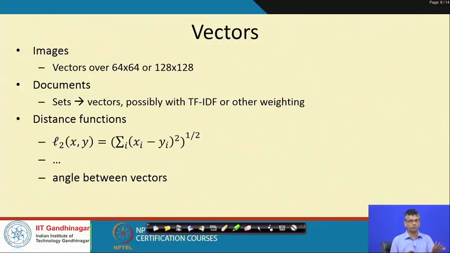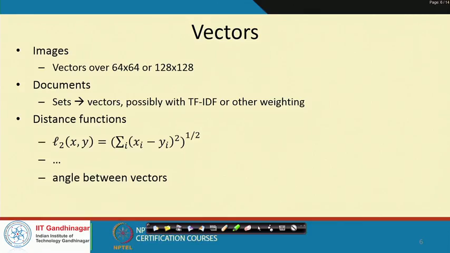You could convert the set that you have constructed into a 0 1 vector, or you could create a vector with some TF IDF or some other weighting. Basically, there is a position for each shingle, or each k-gram, or each word, and then you put in some kind of weighting for that shingle, k-gram, or word in that particular position.